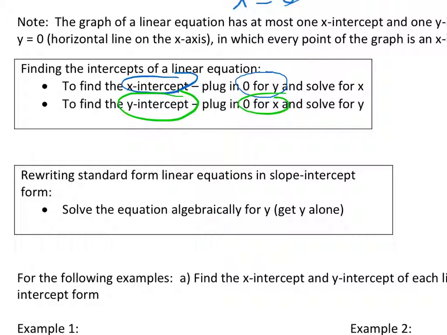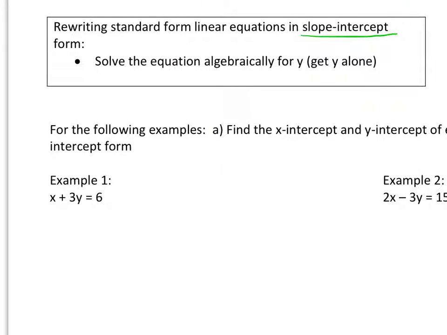And like I said before, to graph a standard form equation, you could also put it in slope-intercept form, which means just solve for y. For the following two examples, we need to find the x-intercept, the y-intercept, and then write it in slope-intercept form.